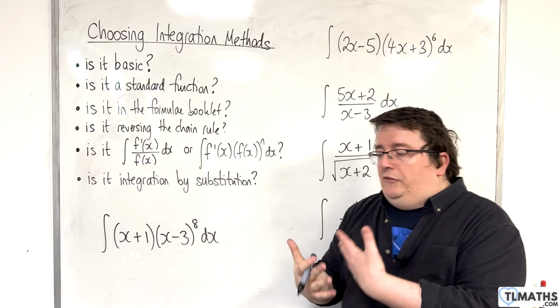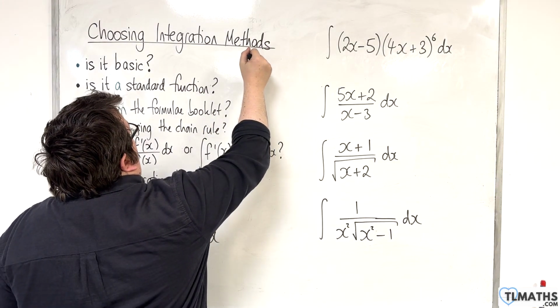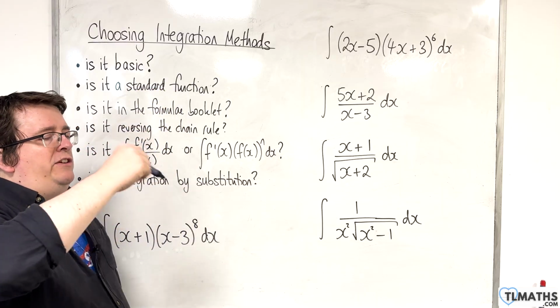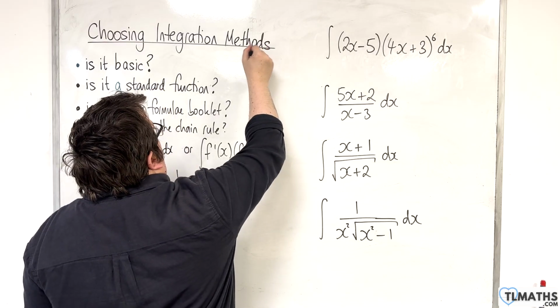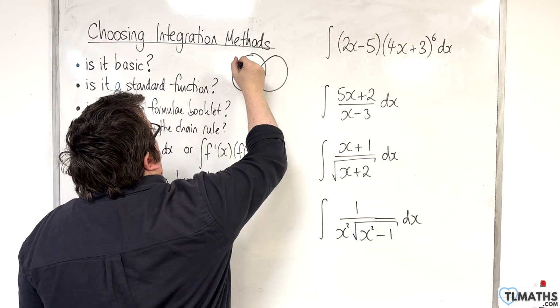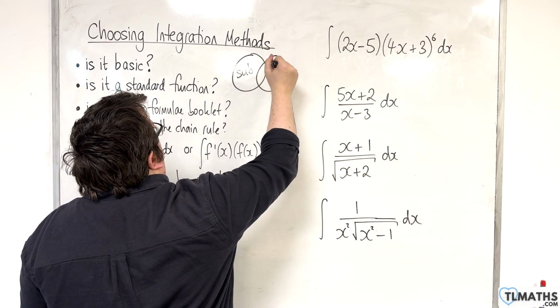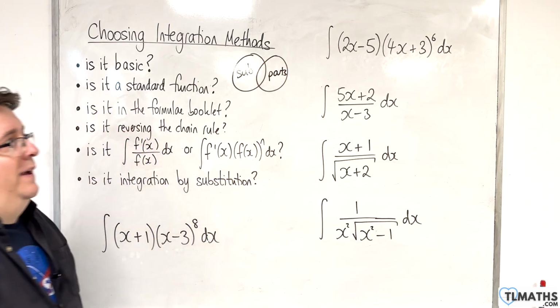So, in the grand scheme of things, it's not that integration by substitution and integration by parts are mutually exclusive. In the Venn diagram of integration methods, substitution and parts do have a bit of an overlap.